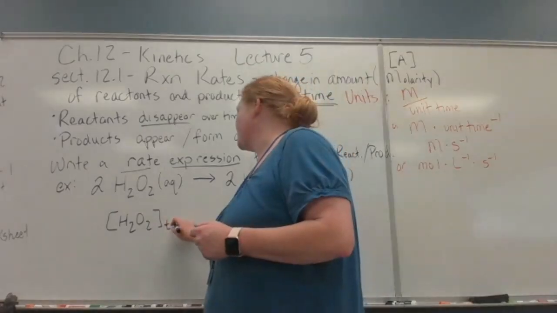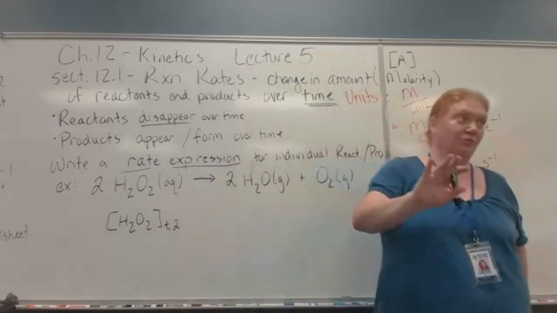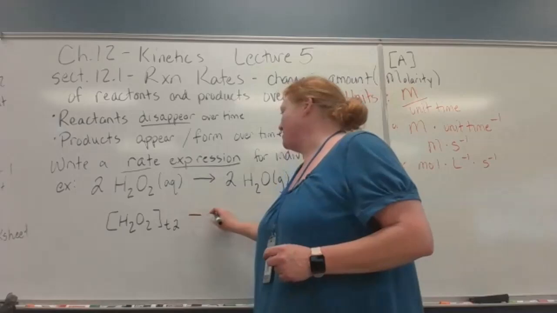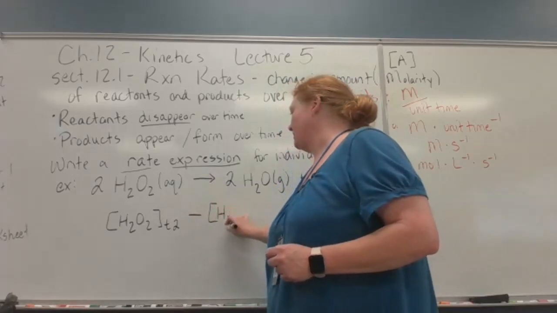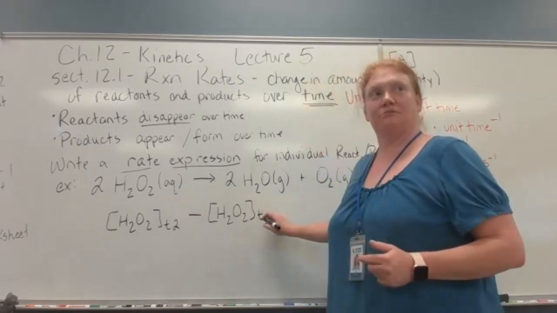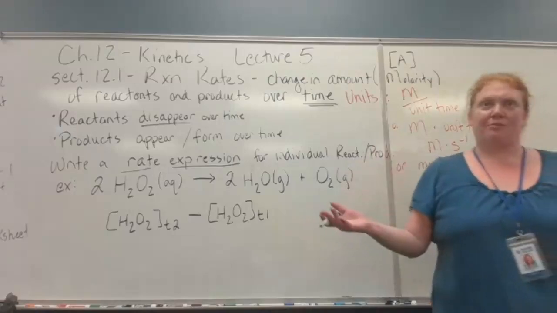Let's say I take the concentration at my final time, whatever I choose that to be, and I'm going to subtract what it was at my initial time, T1, whatever I'm choosing that time to be.